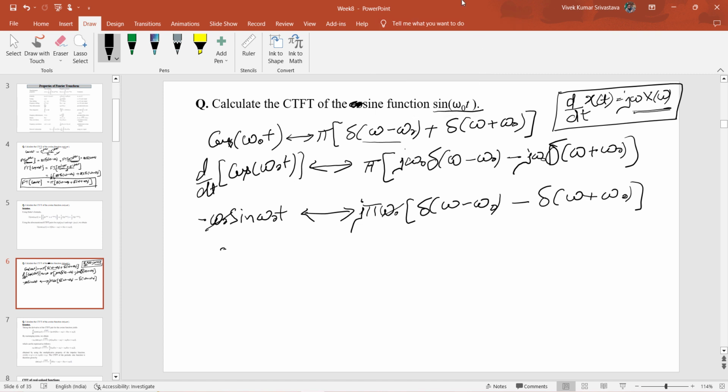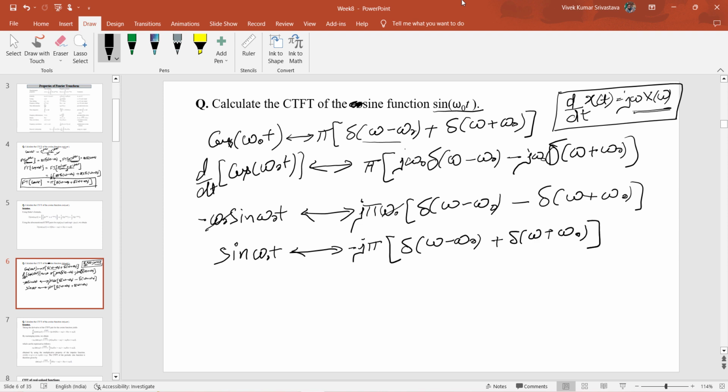So from here we can see that this will be equals to sine of omega naught t, and minus we can take from the left side to the right side, so this will be minus j pi delta of omega minus omega naught plus delta of omega plus omega naught. Or we can also simplify this: this is minus, so we can take minus inside the bracket.